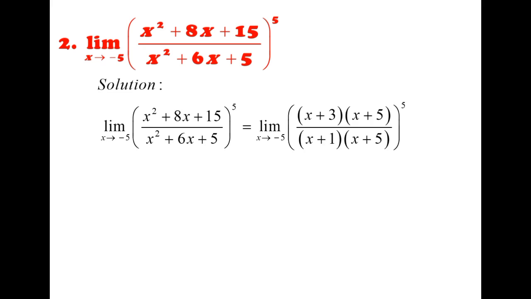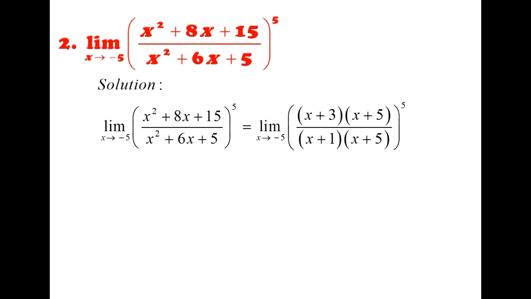Since the numerator can be factored as the quantity x plus 3 times the quantity x plus 5, same with the denominator, the factor of x squared plus 6x plus 5 is x plus 1 times x plus 5.